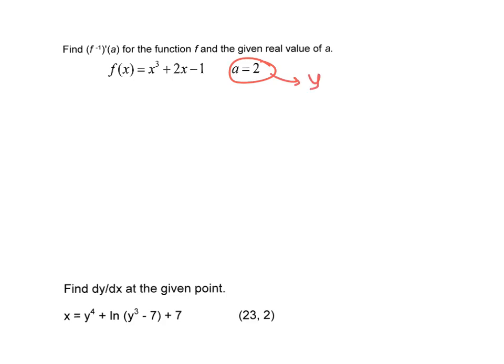Because remember, if you're looking for your x value for your original function, that's the y value for your inverse and vice versa. So really you're saying if I find the derivative of the x value that corresponds with the y value for the inverse, then I have to just do 1 over that. They're reciprocals of each other.